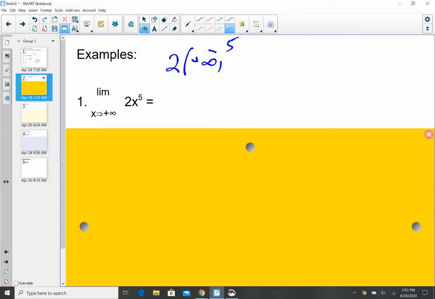And also pay attention to the signs. Say if things that are positive become negative or vice versa. But if you're looking at this, 2x to the 5th, well, let's say infinity to the 5th power is just a bigger infinity. So, yeah, you could argue that this is going to positive infinity, and that would be correct.